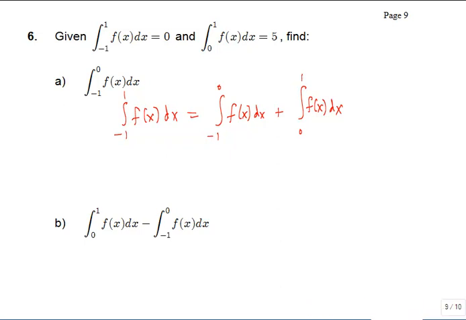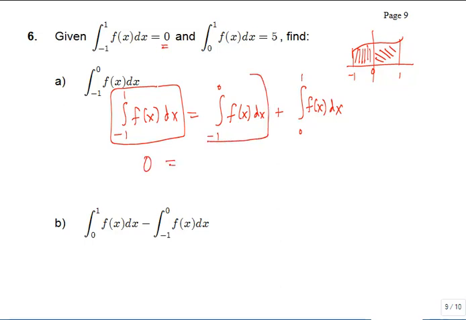So all we're doing is we're taking this whole area from -1 to 1 and chopping it up into this piece plus this piece. So that's what that property allows us to do. Now we know that this integral, they tell me, is 0.